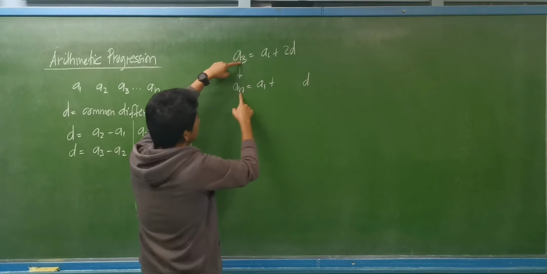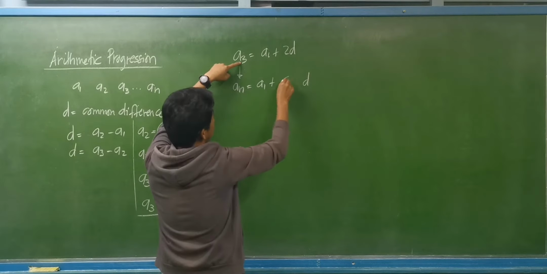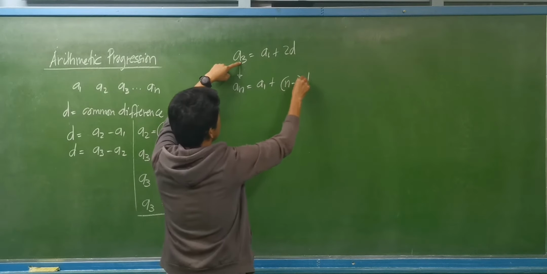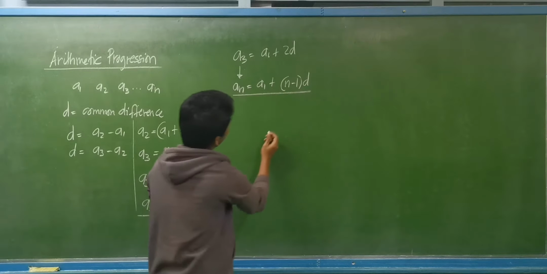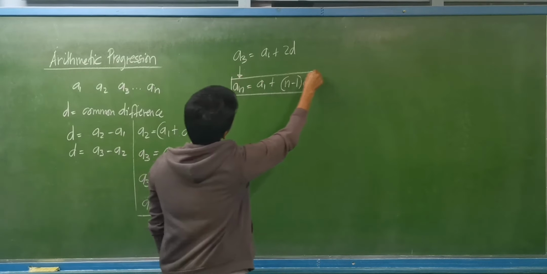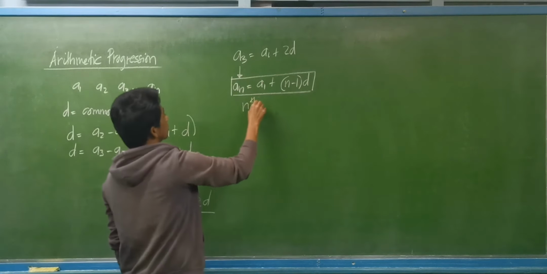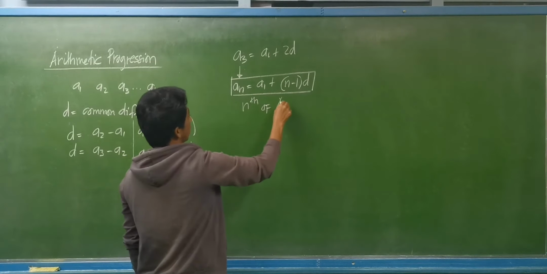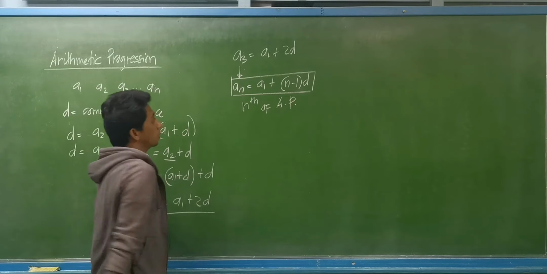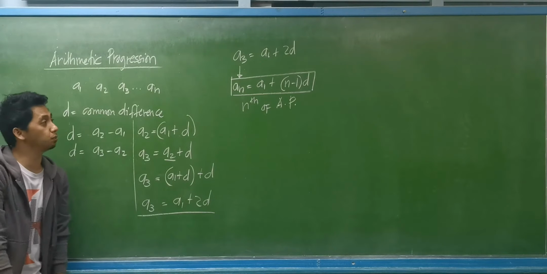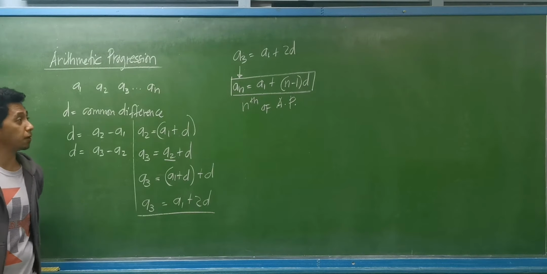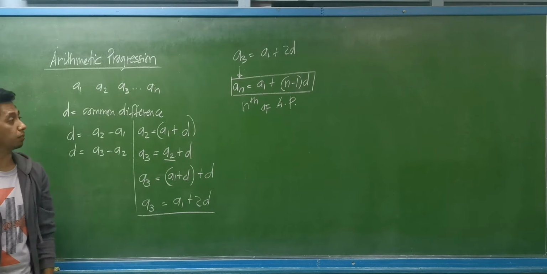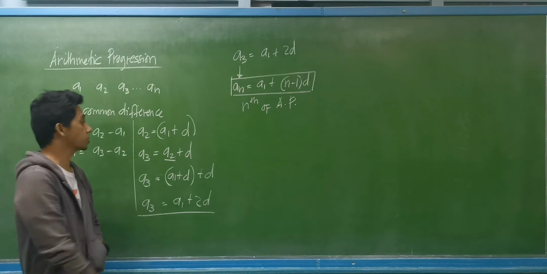If it is 3 for n, the multiplier should be n minus 1. So this is our formula for the nth term of an arithmetic progression: a sub n is equal to a sub 1 plus the number of terms minus 1, that quantity multiplied by the common difference.